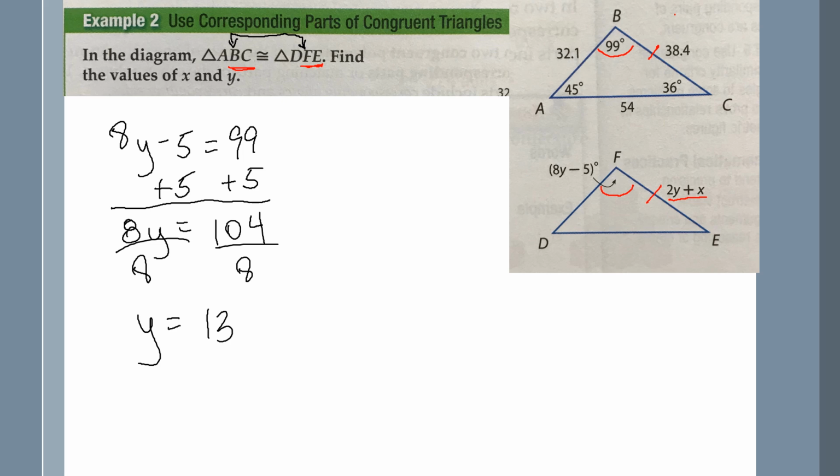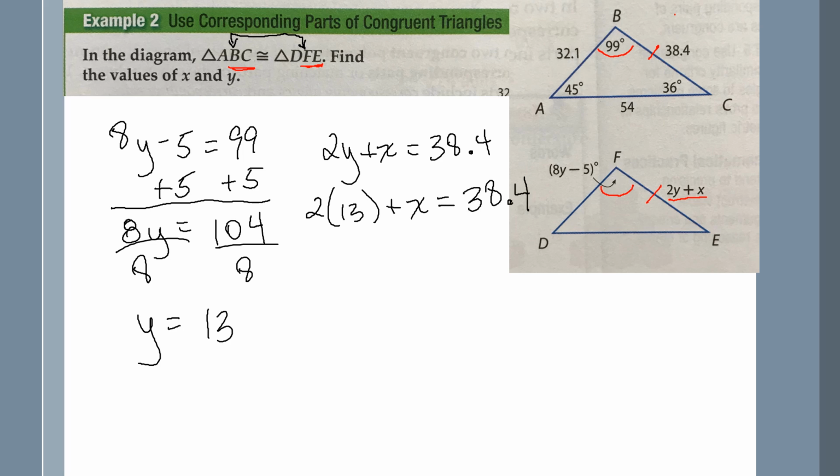Now, I've got 2y plus x equals 38.4. Well, I know y is equal to 13, so I'm going to take y out and put 13 in. Now I'm going to multiply this.